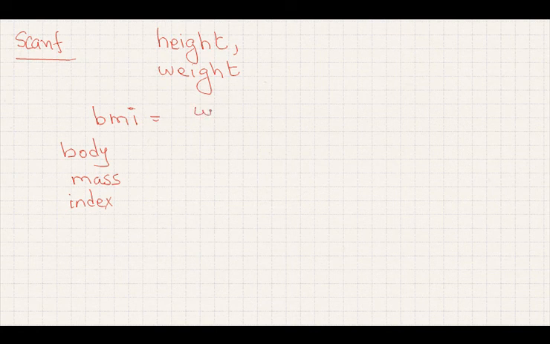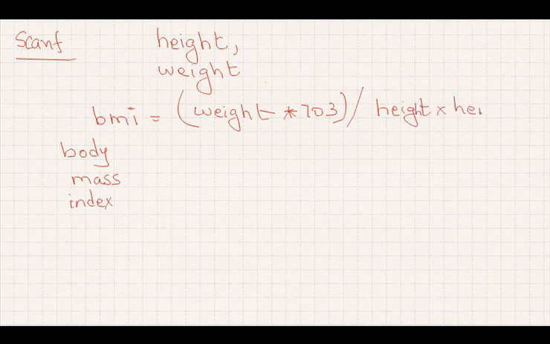So the BMI is weight times 703, and you divide that by height times height. Okay, so this is the body mass index.